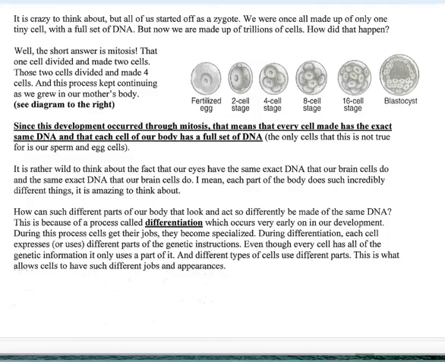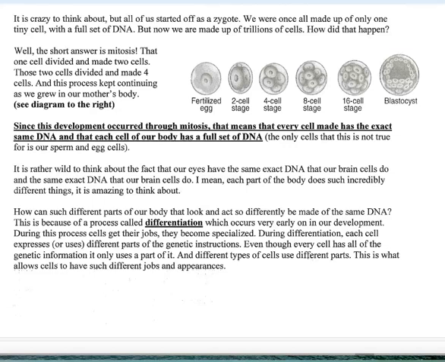So during differentiation, each cell expresses, remember we can turn on or turn off genes, right? Different parts of that genetic information. So even though they have the same exact genetic information, it only turns on the part that it needs, right? And different types of cells use different parts. That's what allows cells to have such different jobs and appearances.